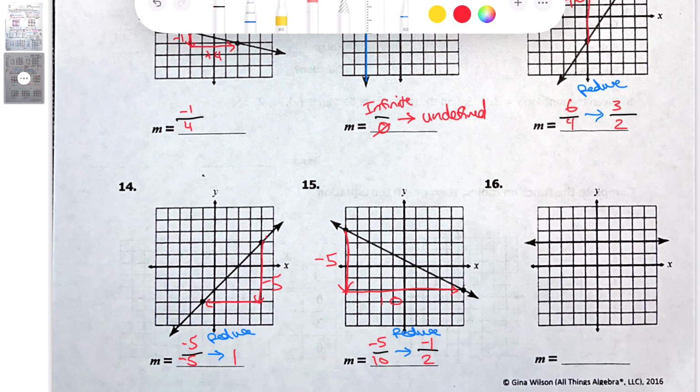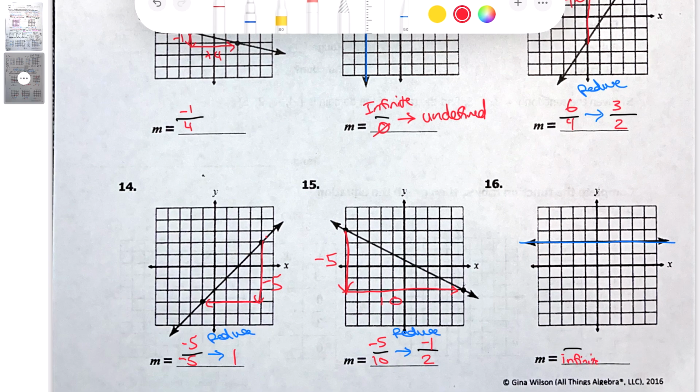All right, very, very last one here. So with this one, you can see that there is a flat line going straight across here. So again, if we were to think of rise over run, I'm running infinitely, because it's going left and right forever.